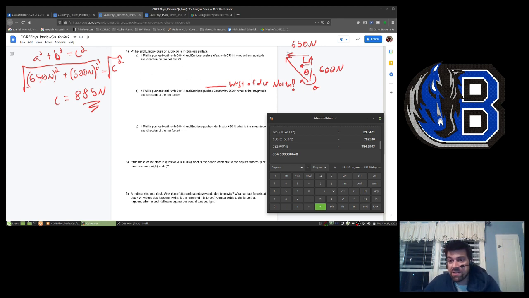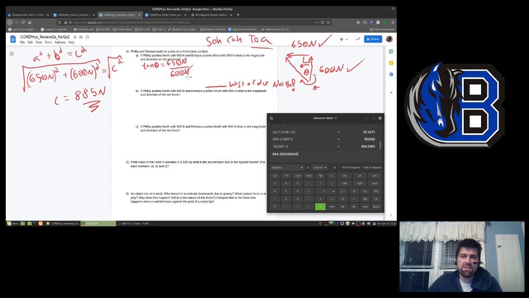But I can go back to my triangle. I have sides. Trigonometry will help us relate these sides to unknown angles. The problem gave me an opposite and an adjacent. So let's run with tangent. Tangent of any angle is the opposite side, and here the 650 is opposite over adjacent.